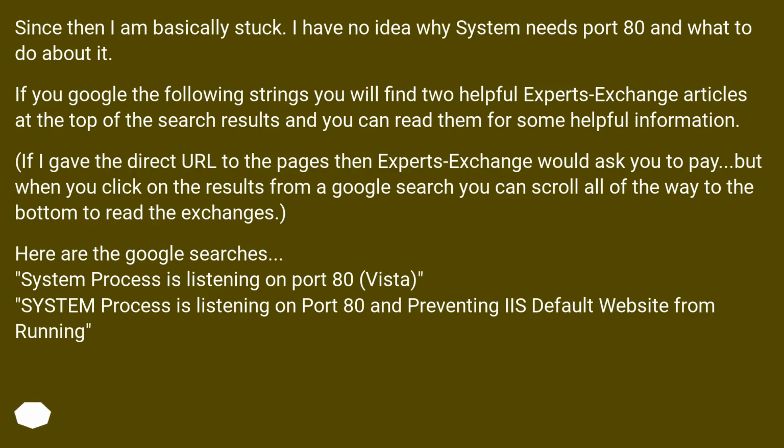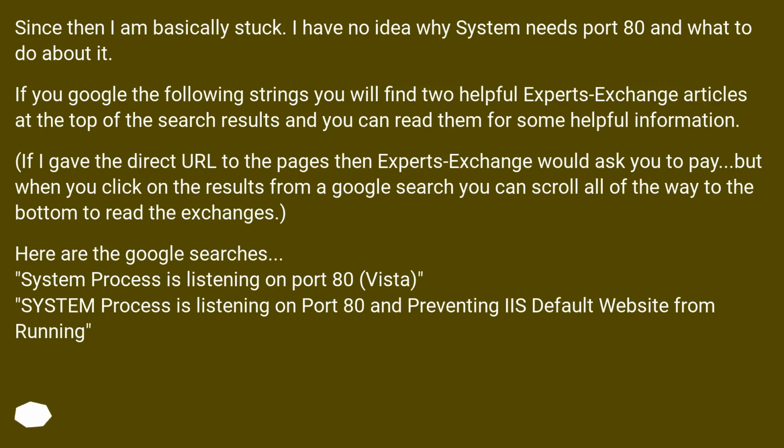If you Google the following strings, you will find 2 helpful Experts Exchange articles at the top of the search results, and you can read them for some helpful information. If I gave the direct URL to the pages, then Experts Exchange would ask you to pay, but when you click on the results from a Google search you can scroll all of the way to the bottom to read the exchanges. Here are the Google searches. System process is listening on port 80, Vista.